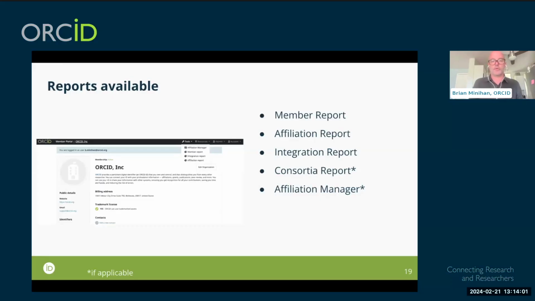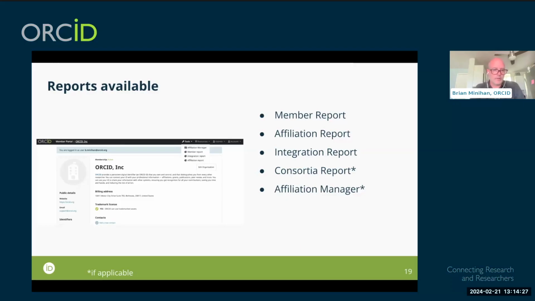If you are a consortium lead, then you have a consortia report about all the members within your consortia. And there's also the affiliation manager tool, which you need to request from ORCID. And this is only available for consortia members at the moment.